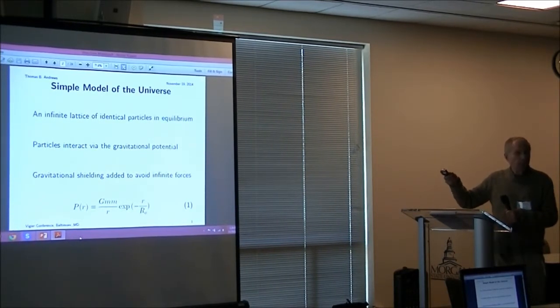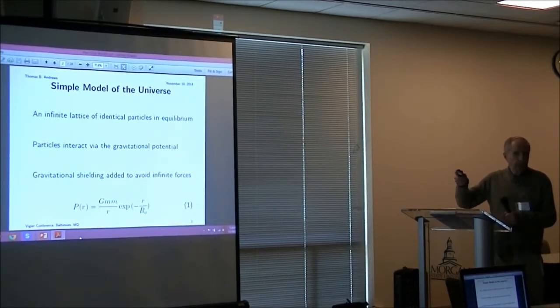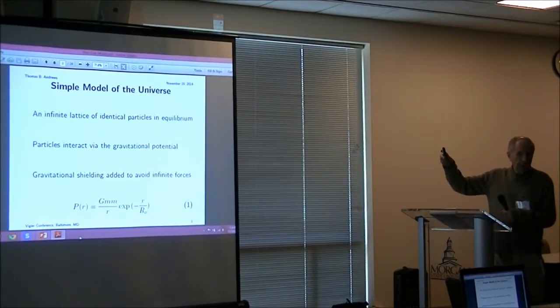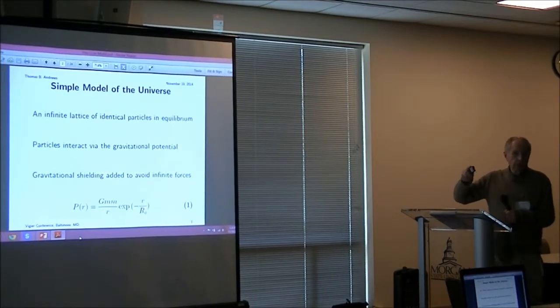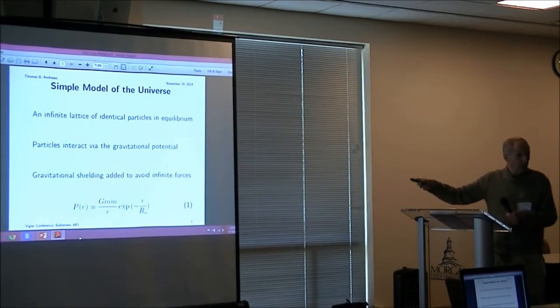Because the number of particles increases as r squared, and the intensity of the interaction drops as 1 over r squared, you get a continually increasing force as you go further out. But this gravitational shielding will stop that, and you'll get a finite force.